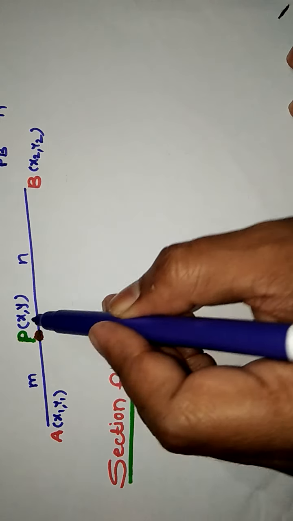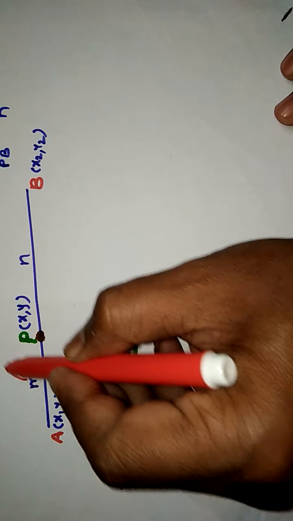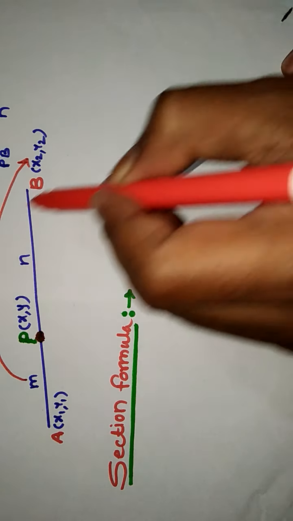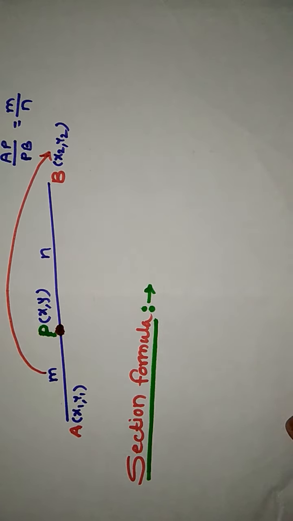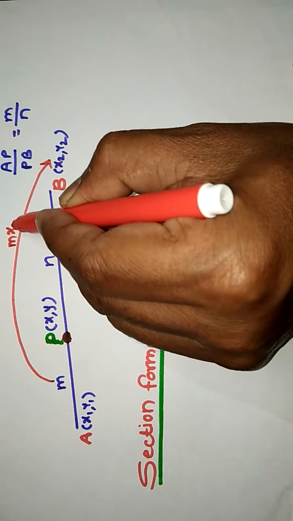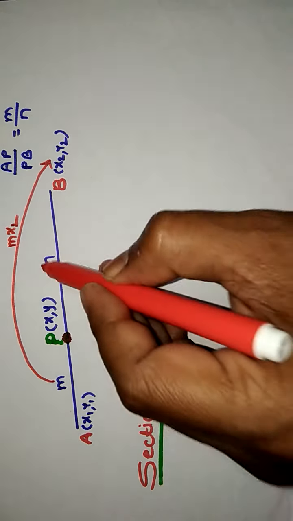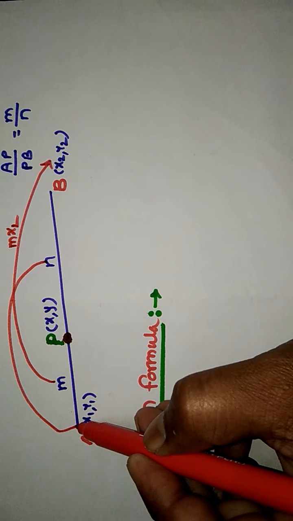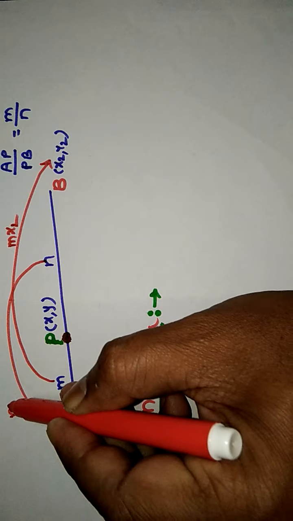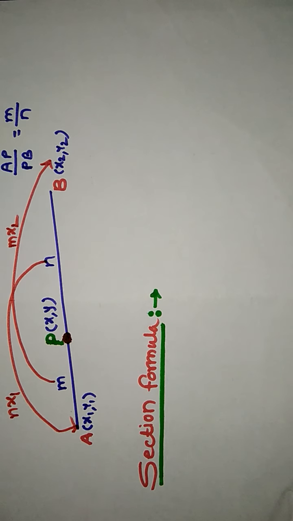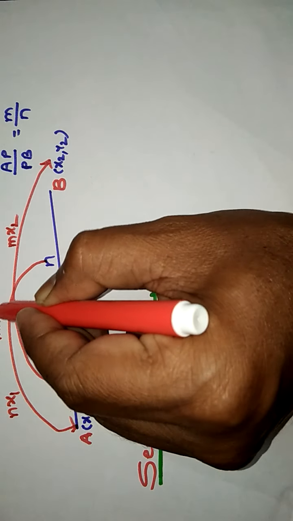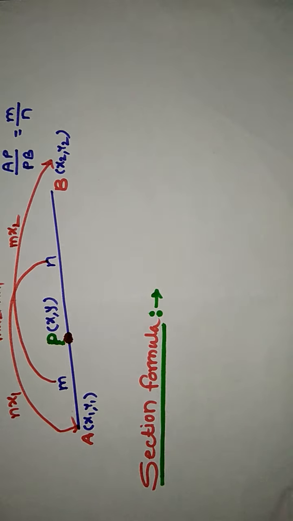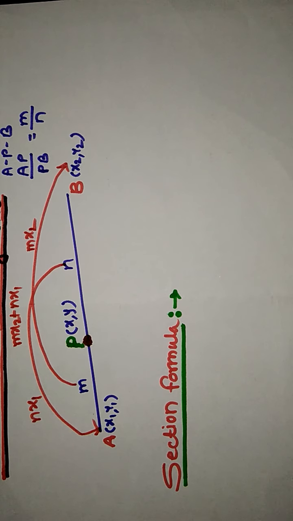See here, how can we find it? First, we multiply m to the x2 coordinate, and we get m x2. Also, if we multiply n to x1, the number we get is n x1, and adding these two, we get m x2 plus n x1.